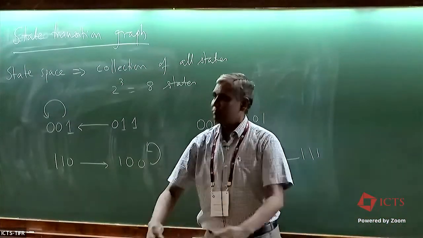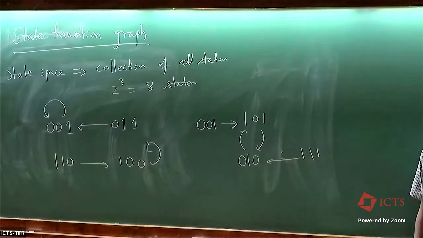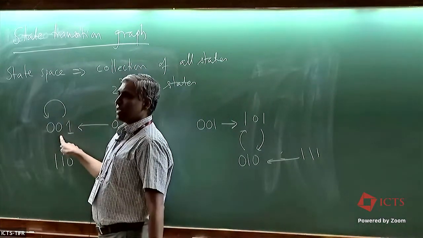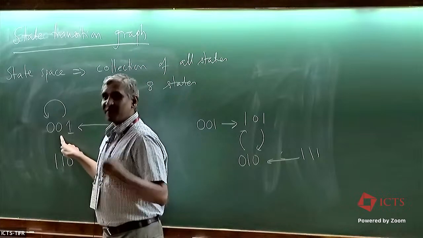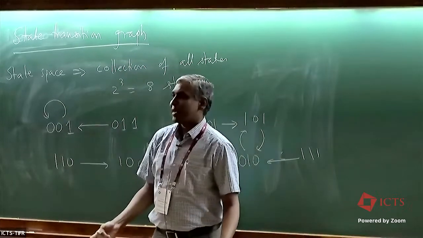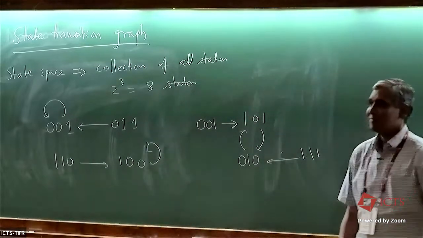If you just implement the synchronous updating for all the states in the state space, whichever state actually goes and leads to itself because of any one synchronous updating are basically the fixed points of the entire network. So you can identify all the fixed points in one go.